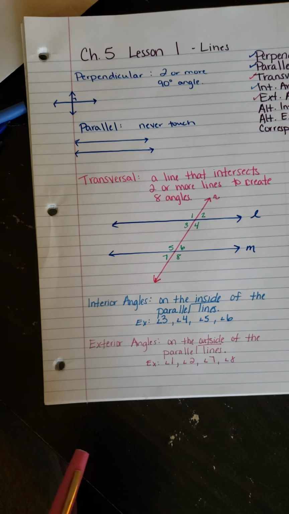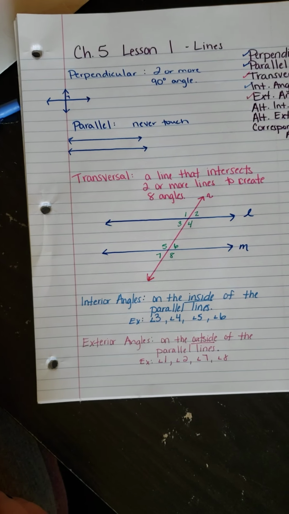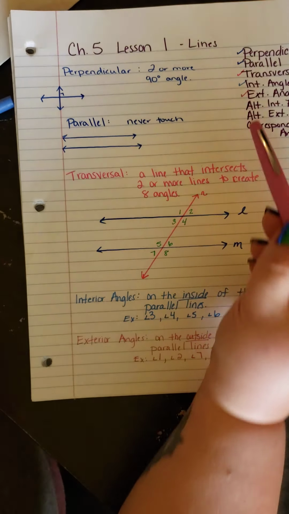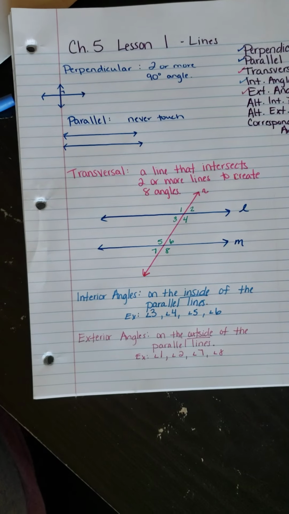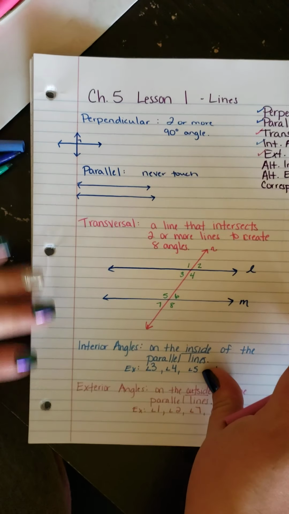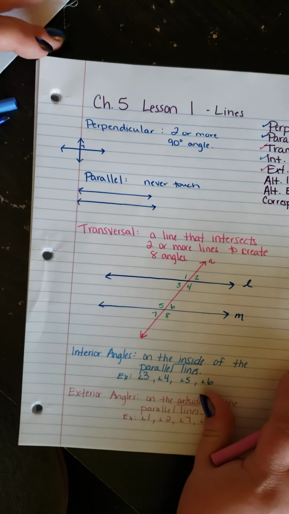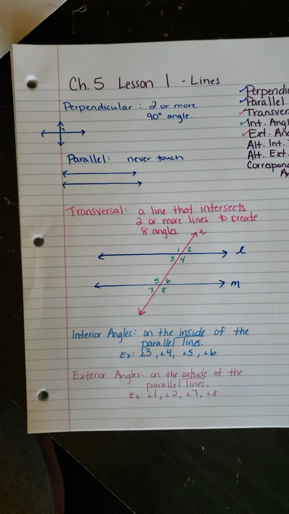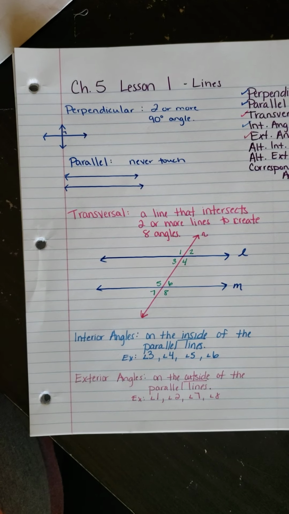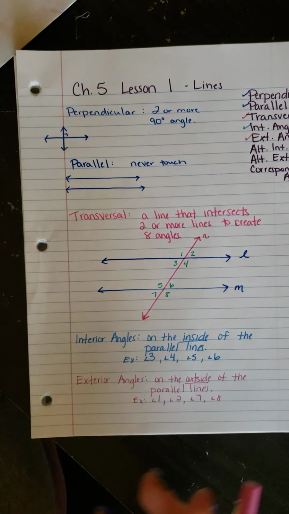Okay. Now, at this point, we have alternate interior, alternate exterior, and corresponding angles. Those are all special because depending on which angles you're talking about, they are related. They are equal to each other, or they equal 180 degrees.